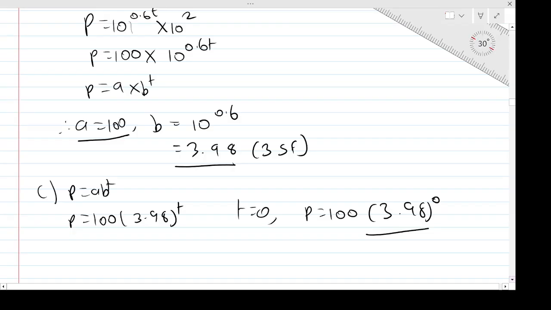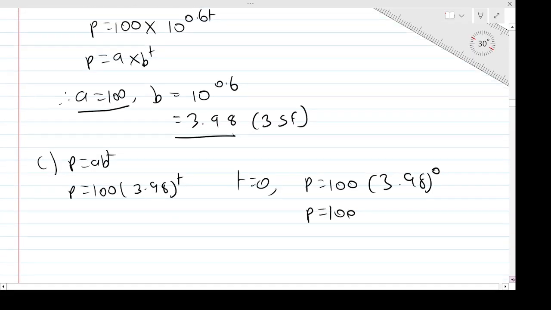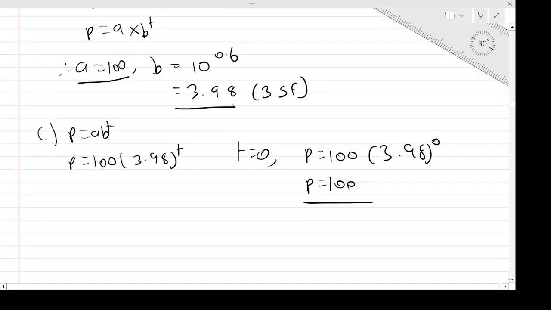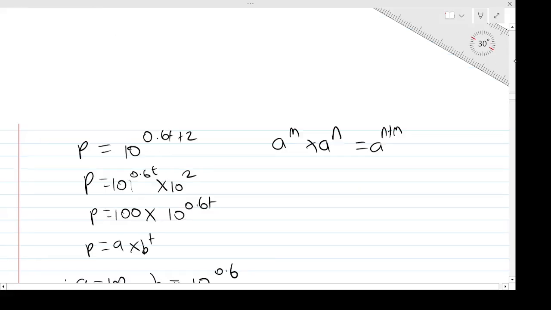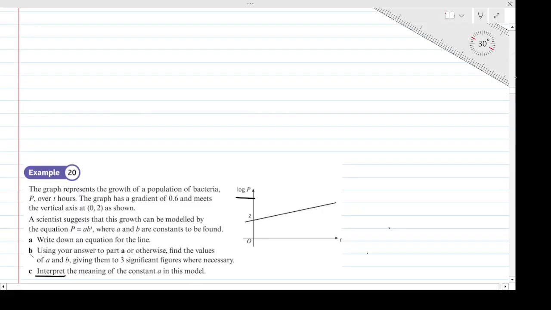Of course, anything to the 0 is 1, so I'm simply left with p is 100, and so the number 100 is the initial population of bacteria, the initial value of p, and that is it. Okay, cool. Yeah, I think that's everything.